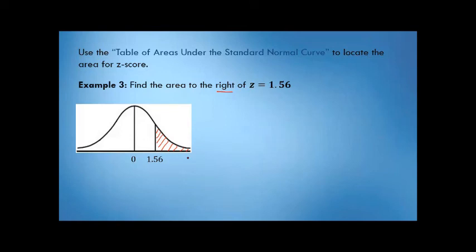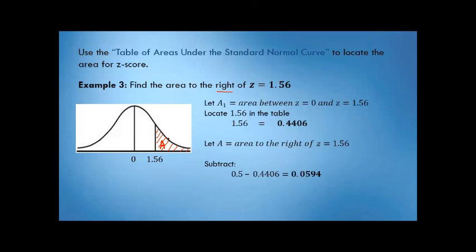So, ganito ang magiging solution natin. So, ito, ililabel natin as the area. Ito yung pinapahanap nating area. And then, i-represent natin yung area 1 as the area between 0 and 1.56. So, ito yung part na yun. From 0 hanggang 1.56, this is area 1.